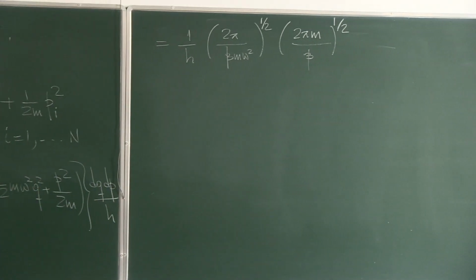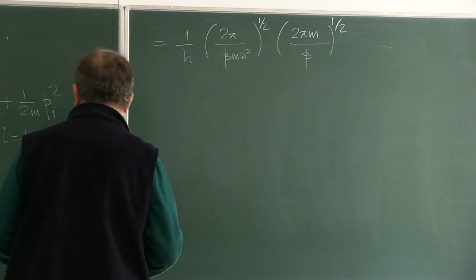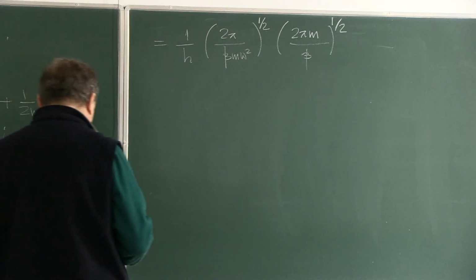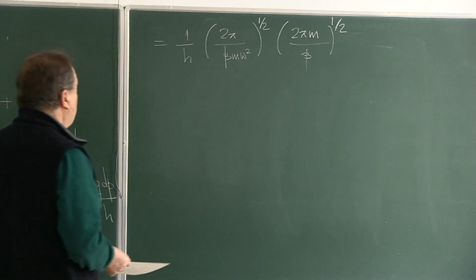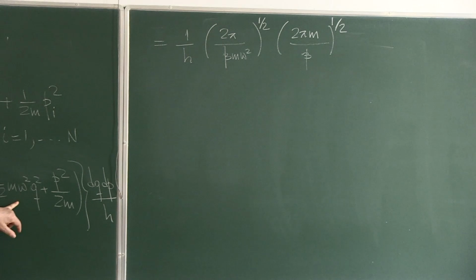Remember, from minus infinity to plus infinity, e to the minus alpha x squared is the square root of pi over alpha, isn't it? So that's the result. The omega squared term is coming from the q integral. The other term is coming from the p integral.